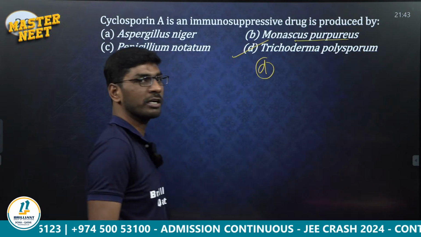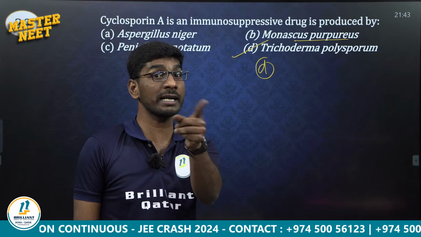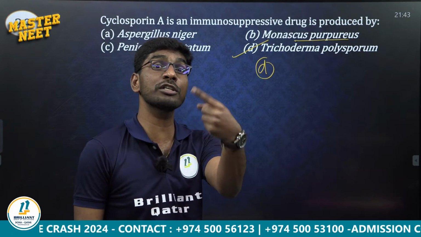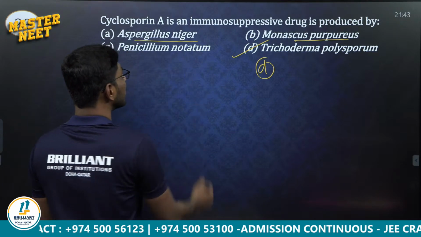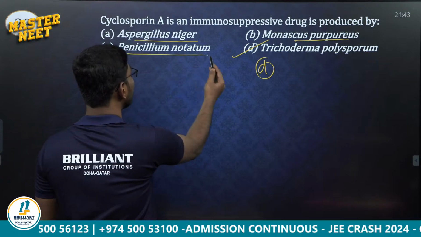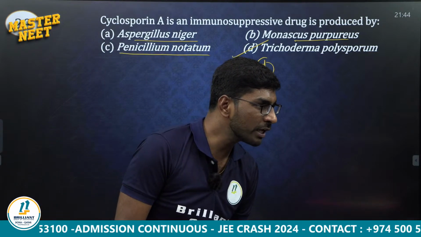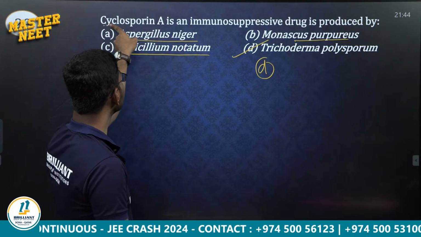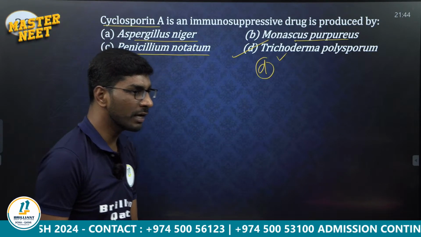Monascus purpureus is statins, the blood cholesterol lowering agent, right? Aspergillus niger is citric acid. Penicillium notatum is antibiotic. Good, very good. Fahad? No, my dear. It is the option Trichoderma polysporum. Cyclosporin A from Trichoderma. Done.